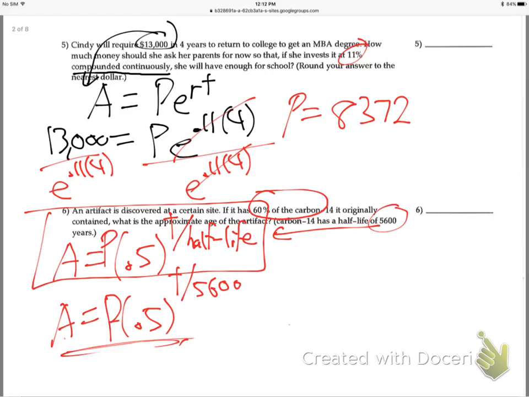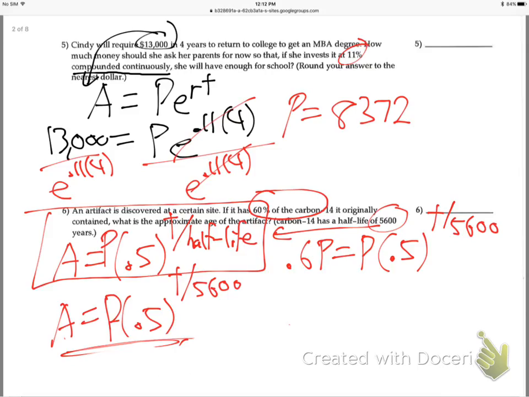The A is 0.6P. Good so far? So the amount of carbon-14 is 0.6P, 60% of the original principal. Well, it's not money, but of the original amount.